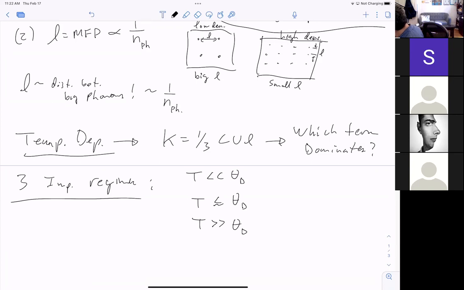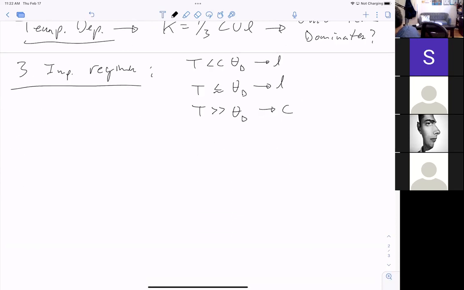And so the question is, which of these 3 terms dominates in the temperature dependence in those 3 regions? And it turns out that in this regime, it's the mean free path that dominates. In this regime, it's the mean free path, but in this regime, it's the heat capacity. And I'll explain why for each of those.